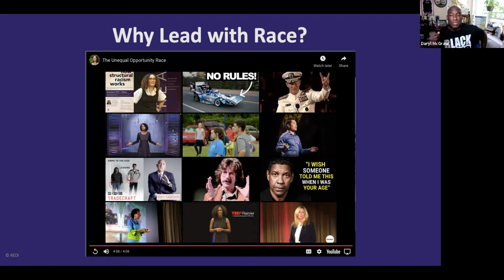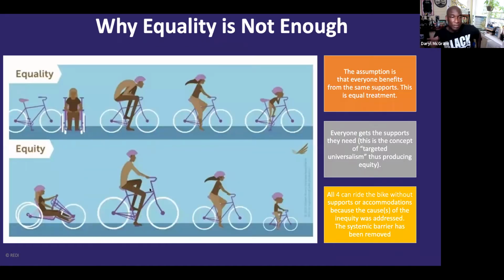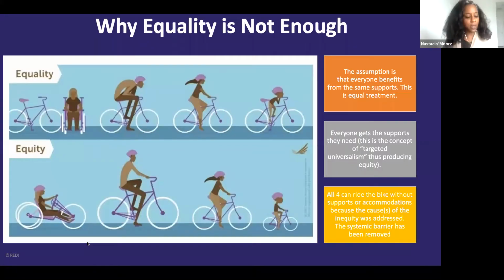We're going to move to the next slide, and Nastasia is going to talk about equity and equality. So we talk about why equality is not enough. The world has been striving for equality, and folks who look like me, folks who look like Daryl, and a lot of you on the line, we haven't gotten equality either. So what we're striving for is equity.